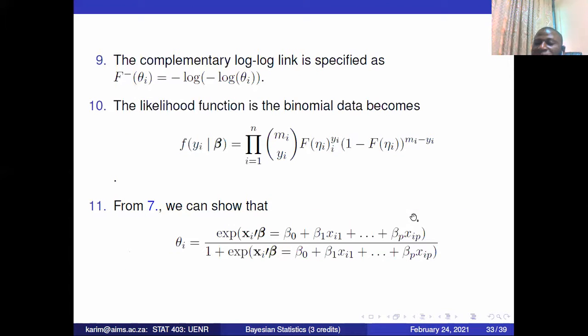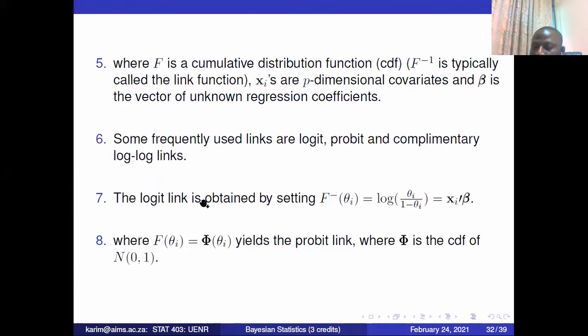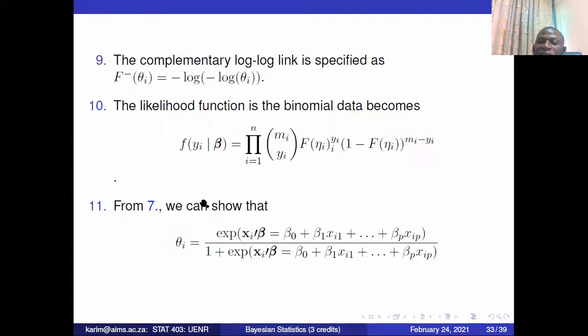And when you make the theta the subject and divide, this is what you are going to get. So this becomes the probability of success. Look at how the probability of success is now affected by the risk factors. This is the probability of success. Remember, this is a probability, so there is no way this value will go beyond 1.